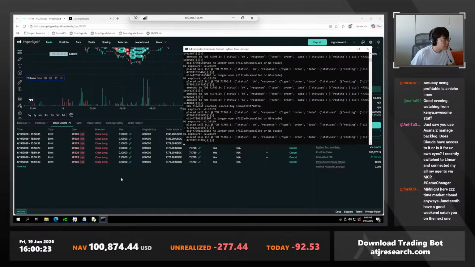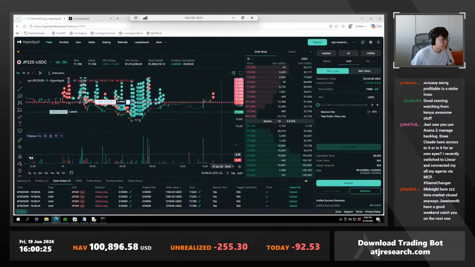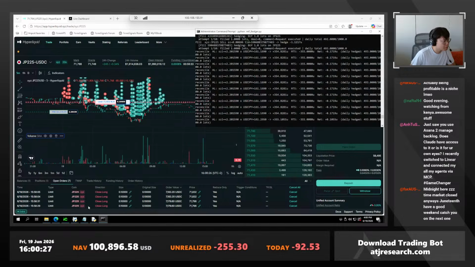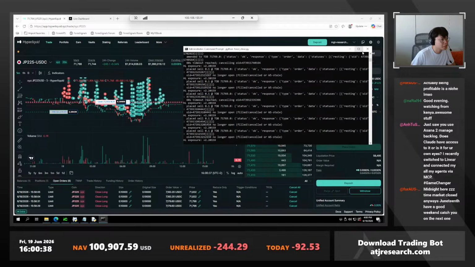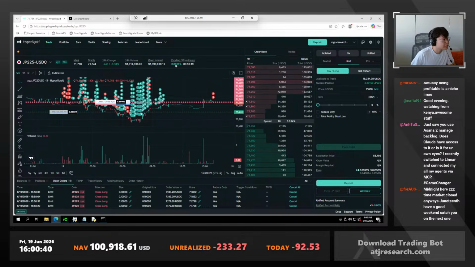Okay, so again, it seems that we are just closing ourselves here. Oh, guys, the funding rate on JP225 is normal again. Look at that. It's 6%.